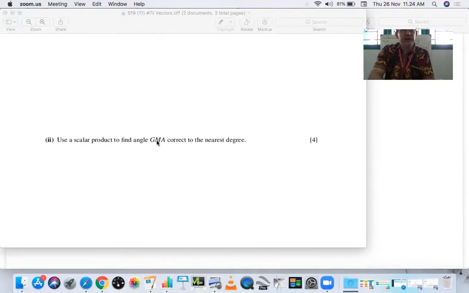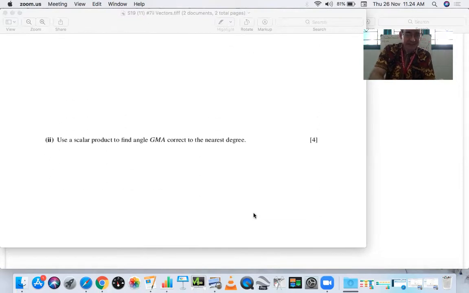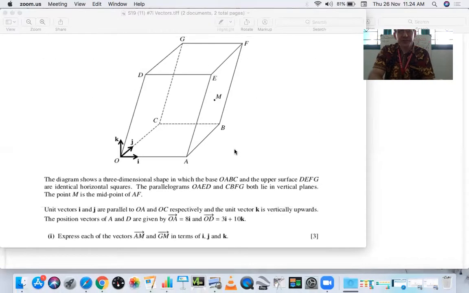So here is your MG, M is the middle, so GM and AM are here. If you get this first part wrong, these questions are linked, and you're going to end up getting the second part wrong. So make sure you take your time.